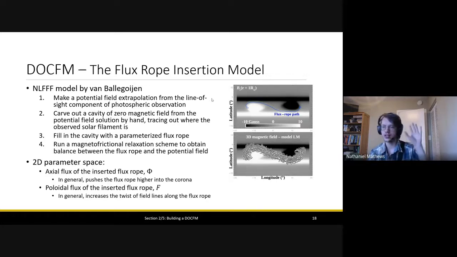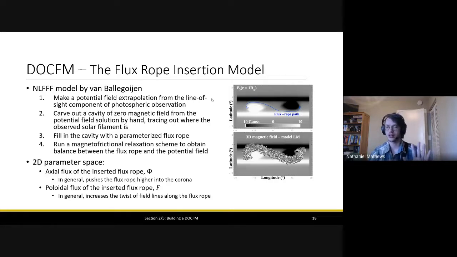Then you fill that tube in with a parameterized flux rope, and then you run a magnetofrictional relaxation scheme to get everything into force-free balance. The two parameters that the inserted flux rope is based on will be our two-dimensional parameter space that we'll try to optimize in. So that's the idea.